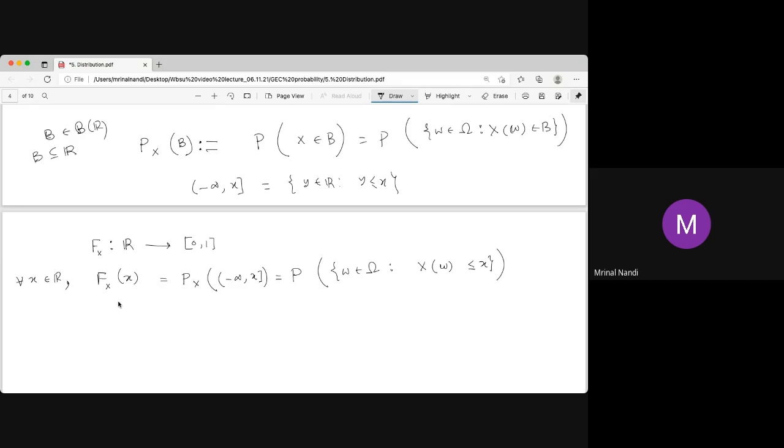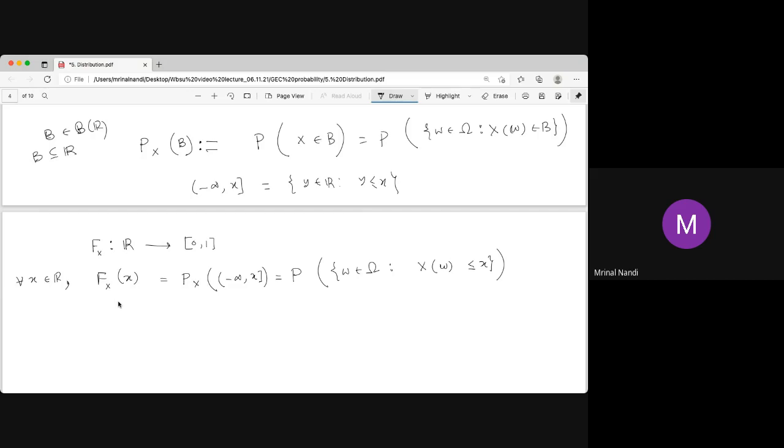But once you have this capital Fx, to find this probability, there is no need to know what the random experiment was, what the random variable is. Once you have capital Fx, you can forget all this story.